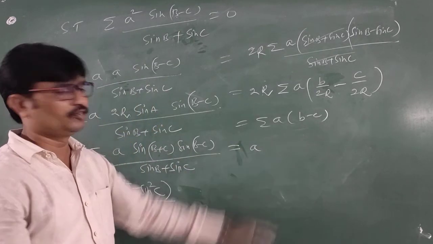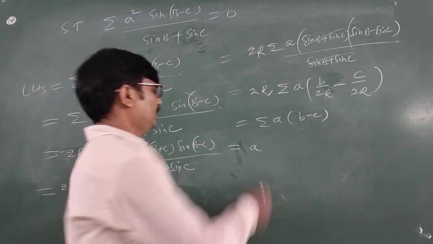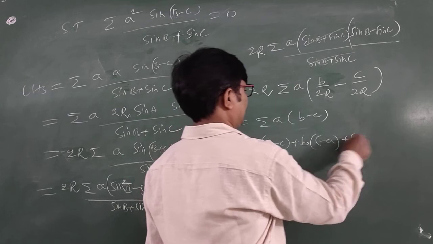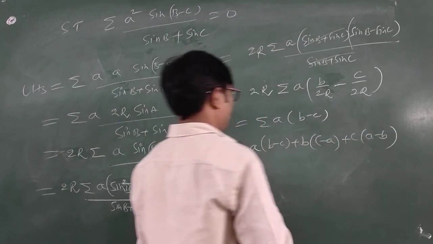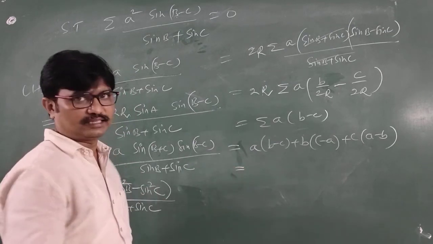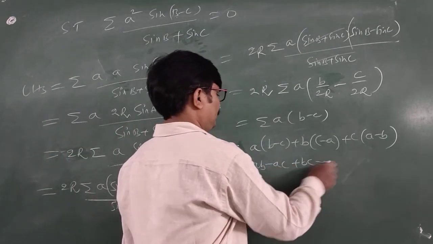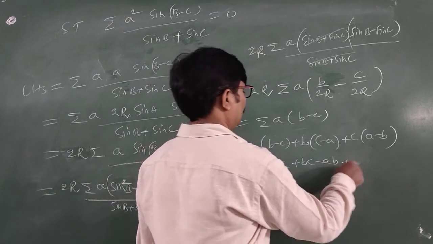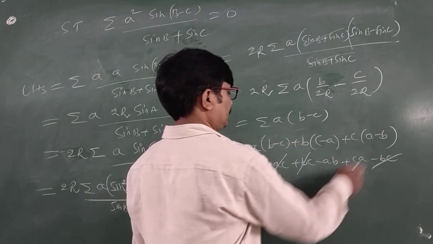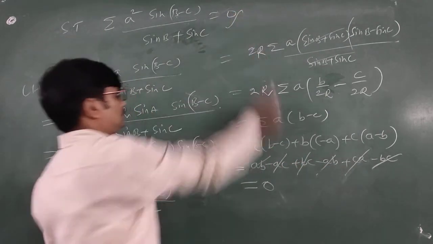Dear students, sigma is the symbol of the cyclic expression. So a into b minus c, b into c minus a, c into a minus b: ab, bc, ca, after that these are all cancelled. Since ab minus ac, bc minus ab, after that ca minus bc, bc cancels, ac, ac cancels, ab, ab cancels. So this is 0.